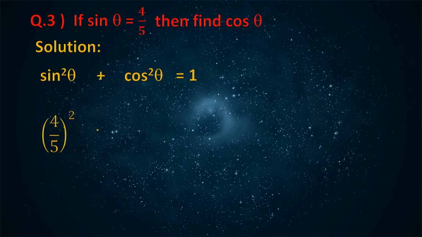The equation will be like (4 upon 5) square plus cos square theta is equal to 1. 4 square is 16, 5 square is 25. So it is equal to 16 upon 25 plus cos square theta is 1.